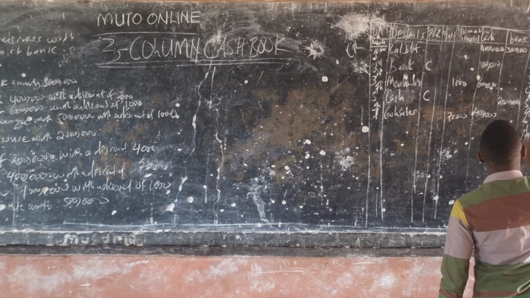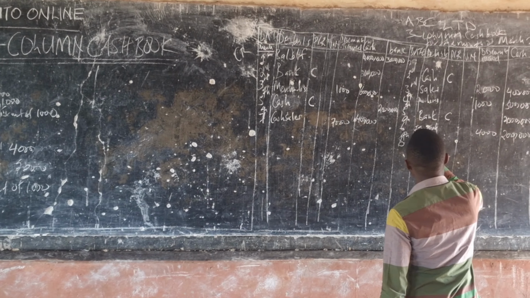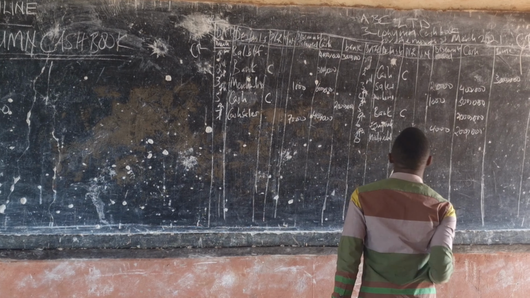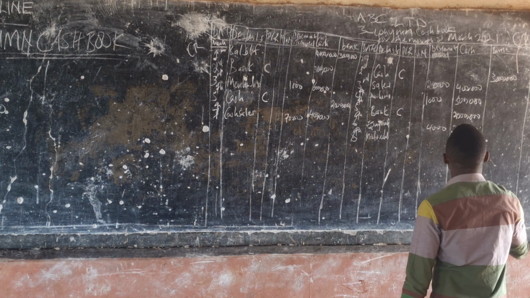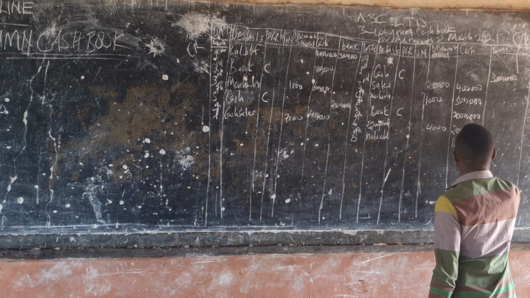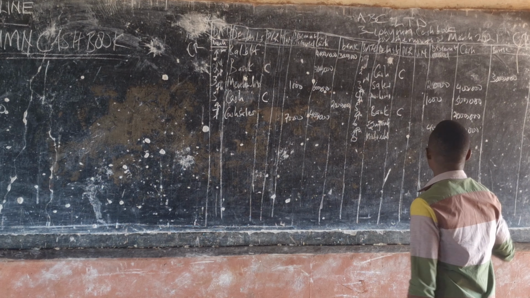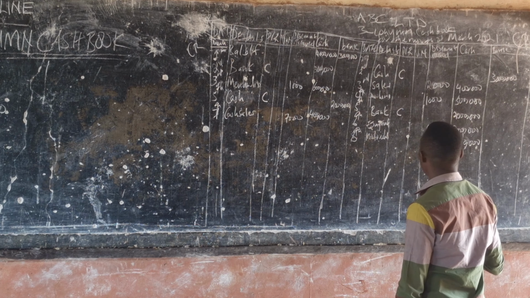So on the 8th, purchased a motor vehicle worth 1 million cash with a discount of 1,000.